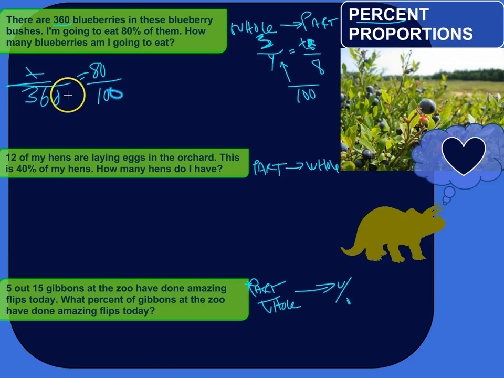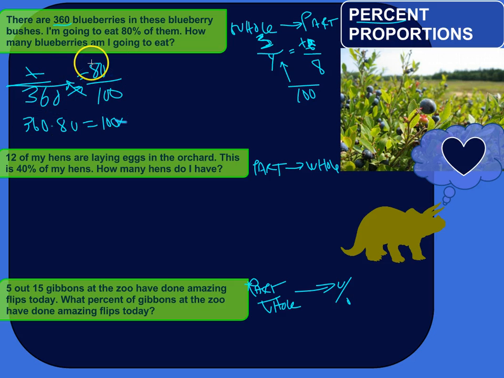To do that we can cross multiply like we do with proportions. So 360 times 80 is equal to 100 times x. You could also do 100 times x is equal to 360 times 80.